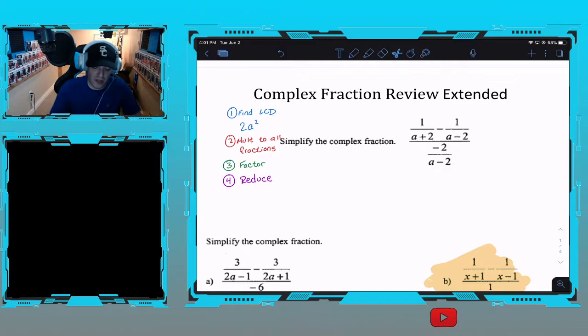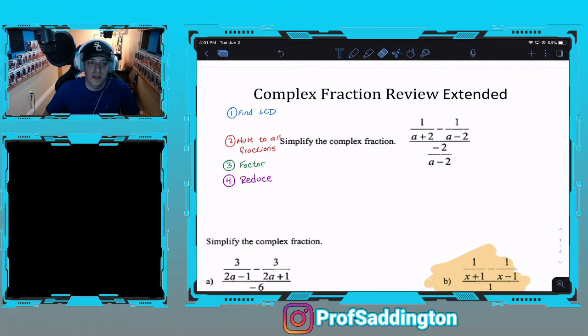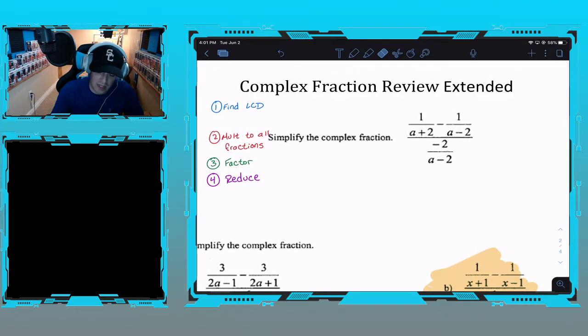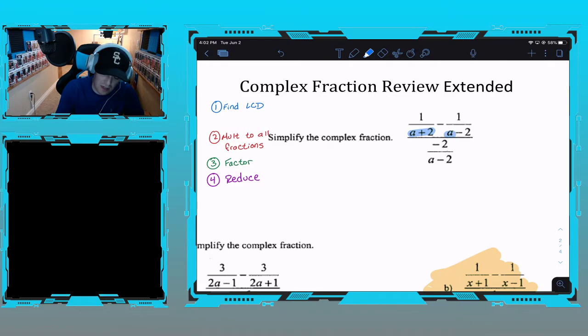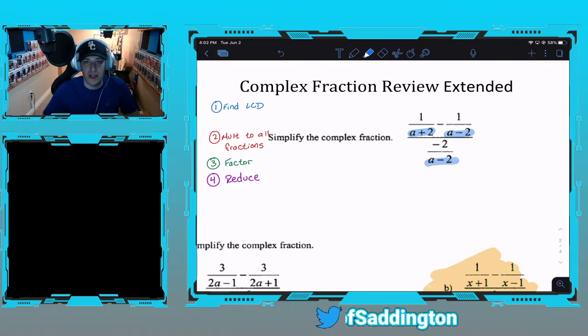So the first thing you want to do is find the LCD. You're just looking at all the denominators. In this case, because they're binomials, just find which denominators have something in common, or which ones are exactly the same.